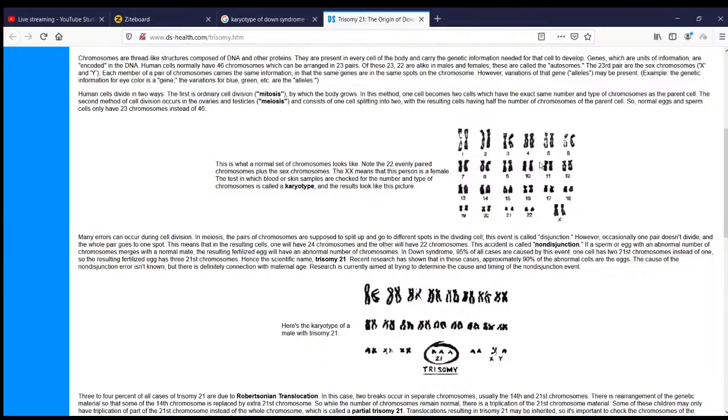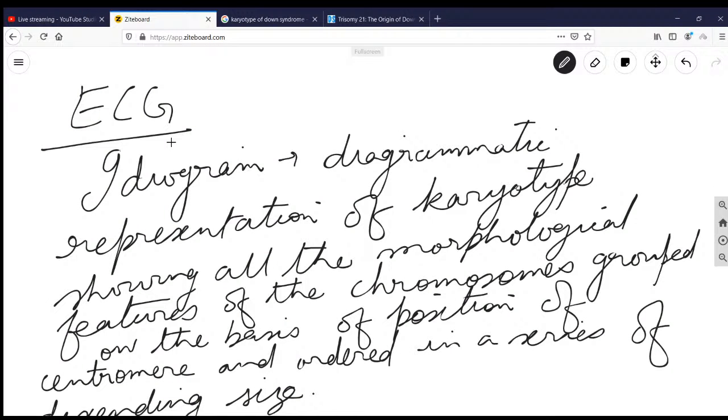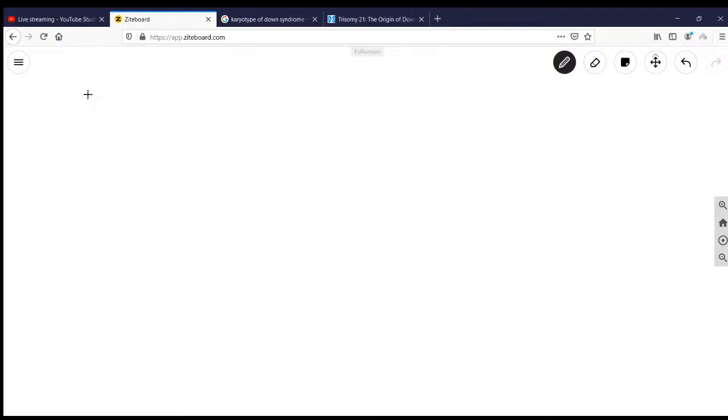So this is an ideogram. So now we come to the banding techniques. Before coming on to banding technique, I think you know all about the various types of chromosomes already. You have metacentric.